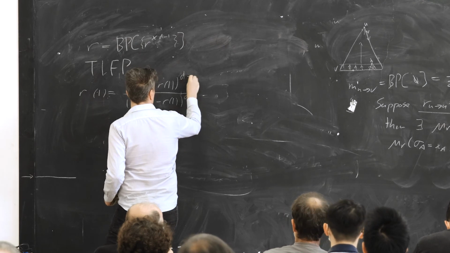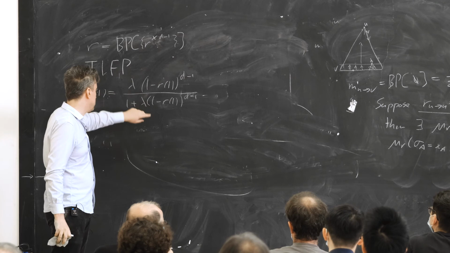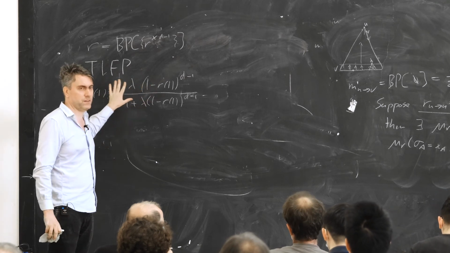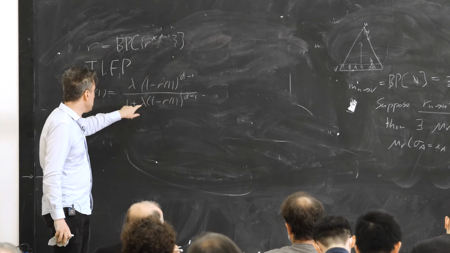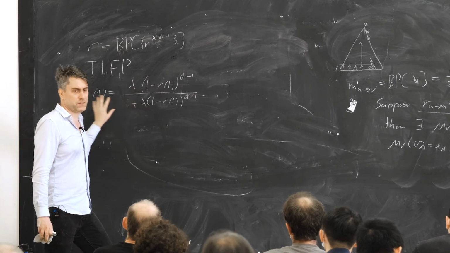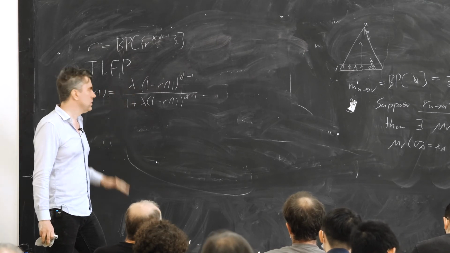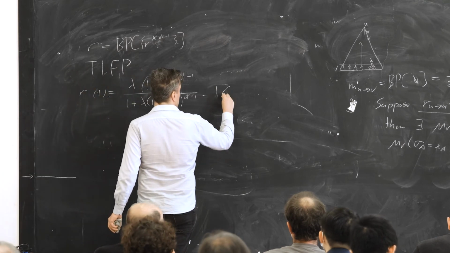Oh, sorry, that should be minus 1. So we just need to find a solution to this equation of one variable, and this is a decreasing function of R, so there'll be exactly one fixed point. So this is one fixed point.